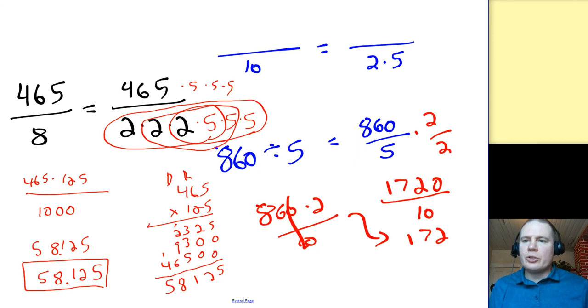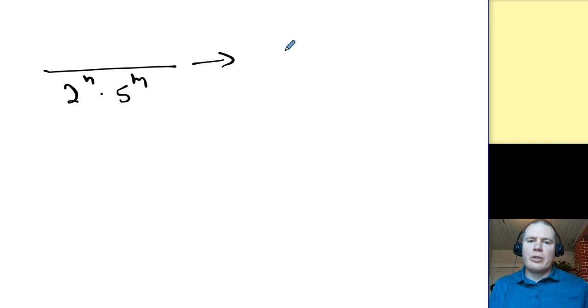What I want you to see is that for any fraction, if my denominator is made up of a bunch of 2s multiplied together and a bunch of 5s multiplied together, then, just pick another letter here, P for power, I guess, we can multiply by whatever 2s and 5s are necessary to be dividing by 10, which means I have a finite decimal.